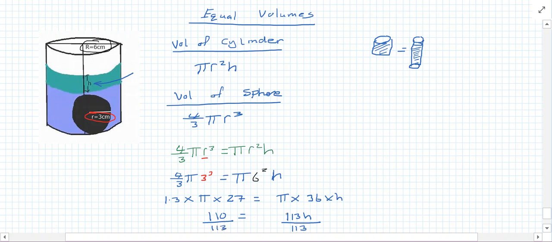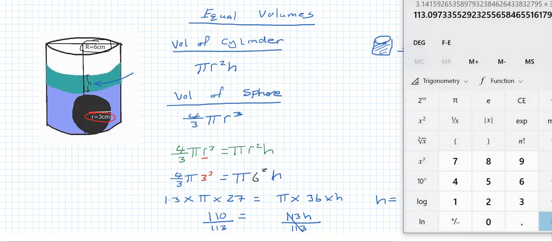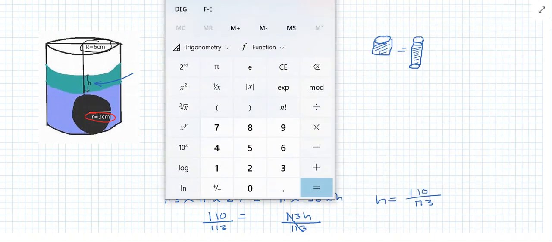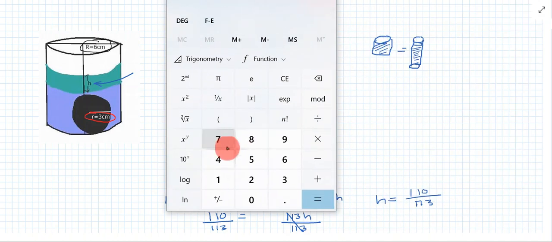And what will happen is these will cancel out, and h will be equal to 110 divided by 113. And if we work that out, 110 divided by 113 is equal to 0.97.